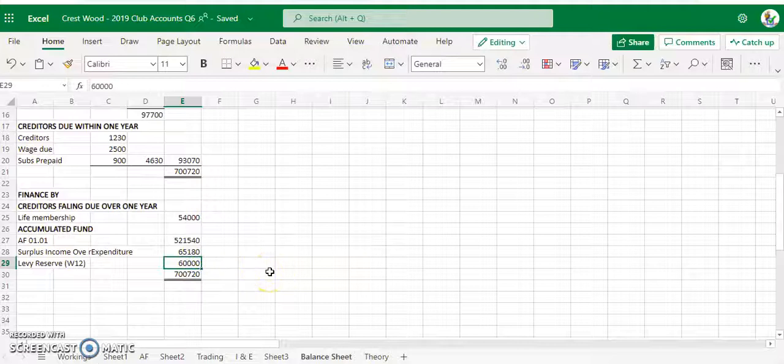So levy is kind of like money we put aside for something that we might purchase in the future. So we're just putting money aside in case we're going to use it in the future. So you have 30,000 coming in. We're putting aside an extra 30,000. So the levy reserve fund is going to be 60,000. So when we add all these 4 items up together, we get 720,000. And that's part C done of your club account.